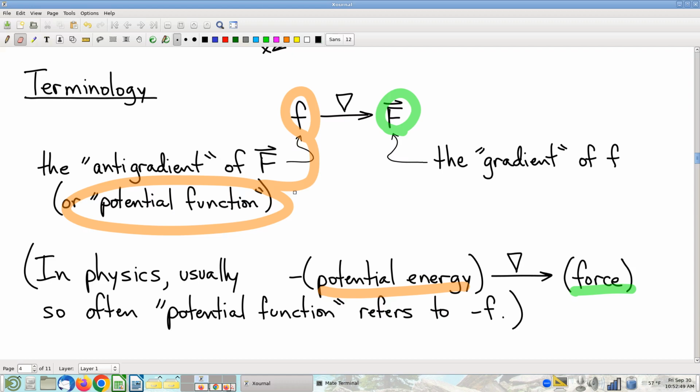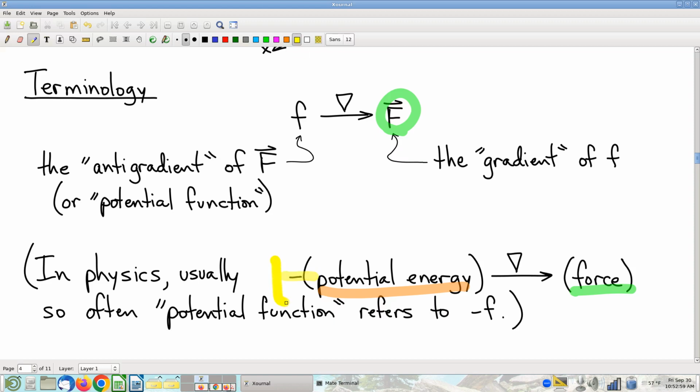The problem, and the reason I don't like this terminology, is that it's not potential energy. It's specifically the negative of potential energy. I mean, the point here, by the way, is very simply gradients point uphill, forces pull downhill.